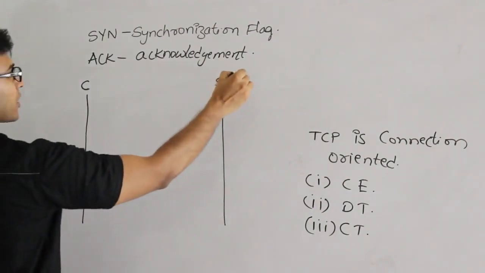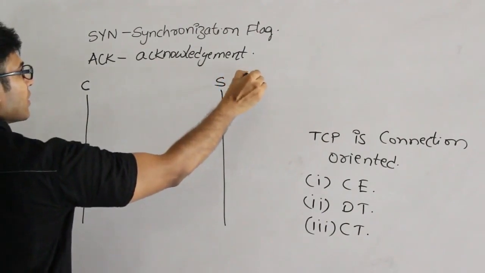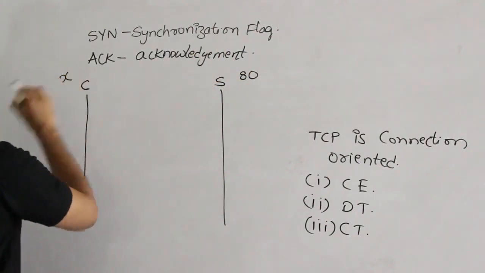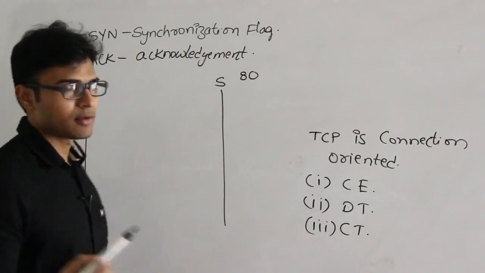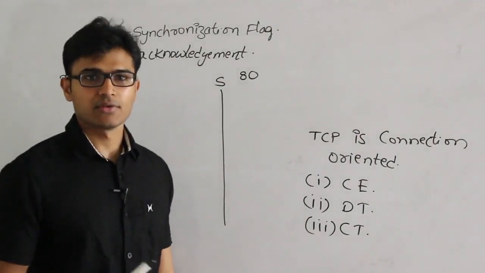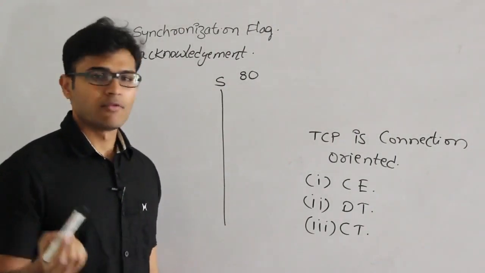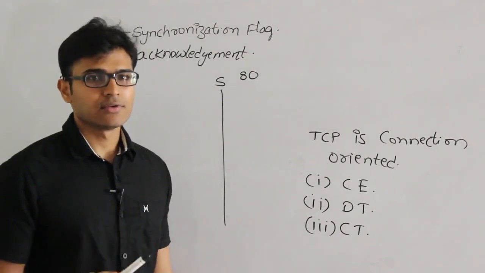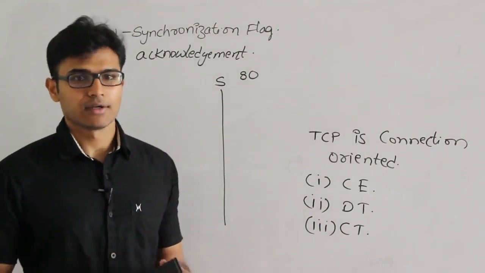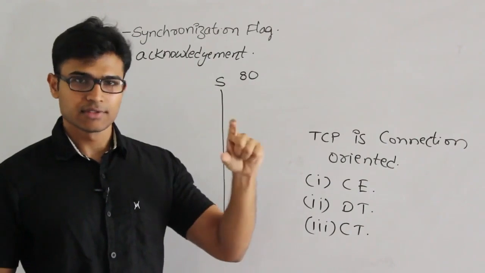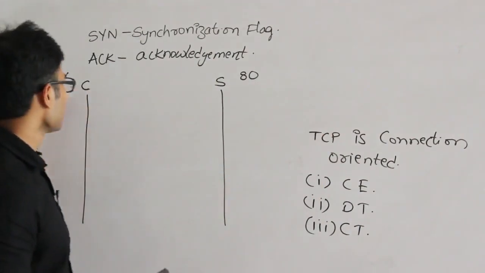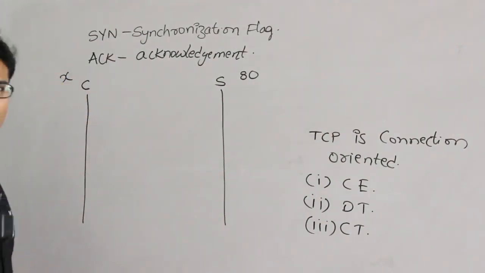Let us assume that the port number at the server is 80 and your port number is X. X can be any random number chosen from 0 to 2 power 16 minus 1, though some ranges are generally avoided. Anyway, this number is going to be chosen by your operating system. You are not going to do it.